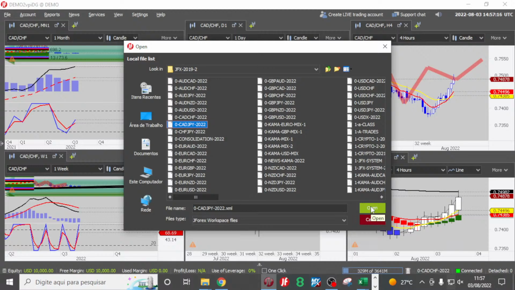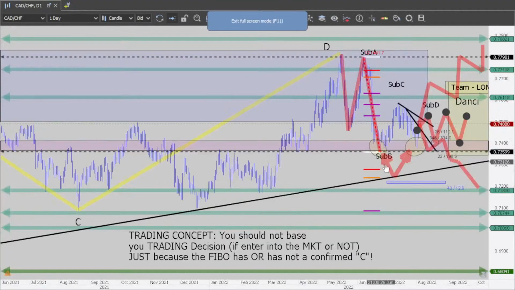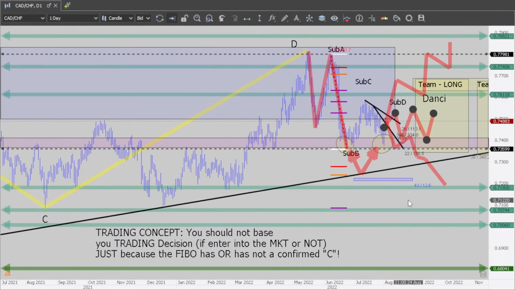Let's make a poll. Homework until tomorrow: have your original Fibonacci and the contrarian on the daily chart. And this is the poll. You can choose between Euro JPY, GBP JPY, or Canada JPY.